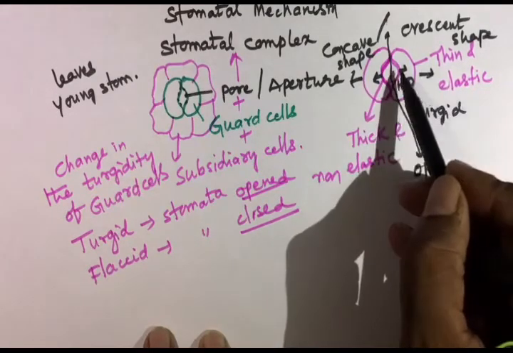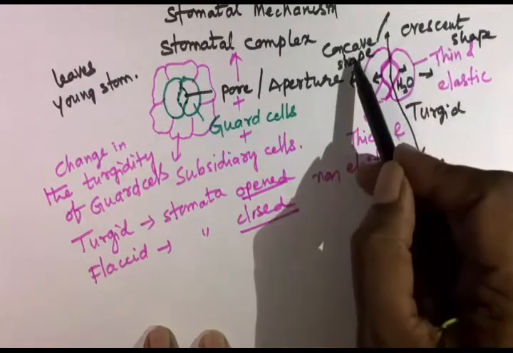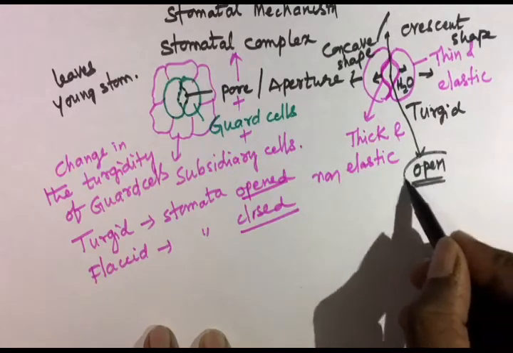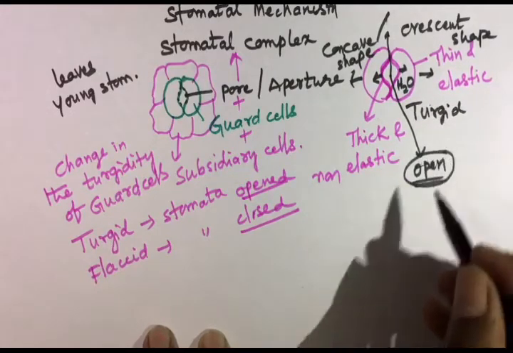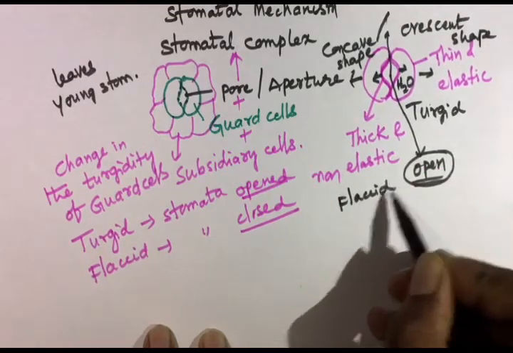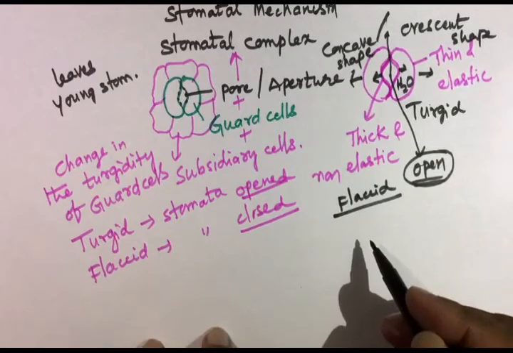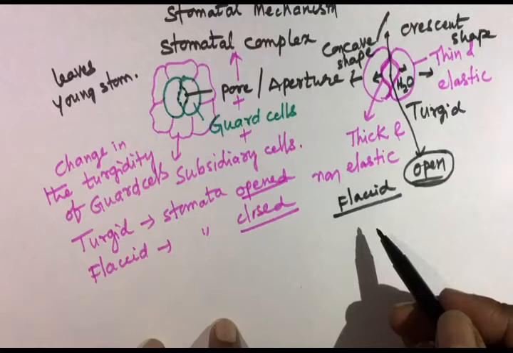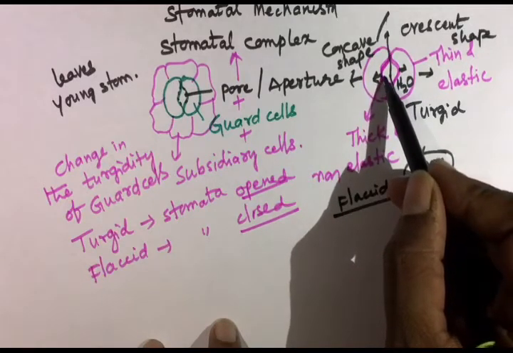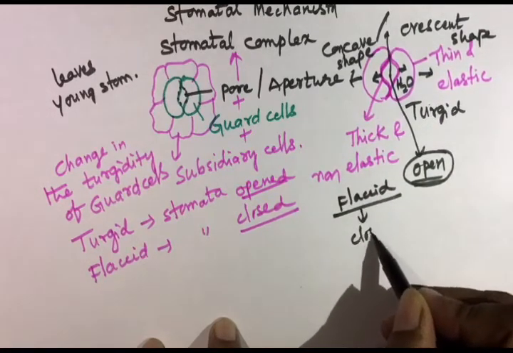As a result, the center assumes a crescent or concave shape, so that the stomata is open. If the guard cells are in flaccid condition, meaning they have lost water, the walls regain their original state. As a result, the stomata is closed.